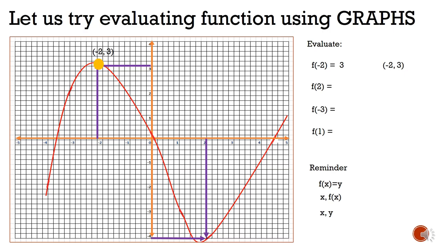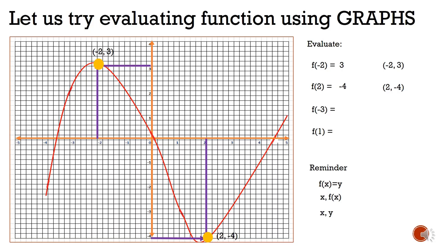That is exactly in negative 4. So therefore, the function of positive 2 is equals to negative 4. And the coordinates is positive 2, comma, negative 4.